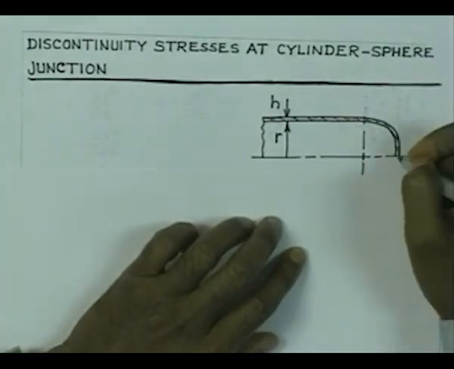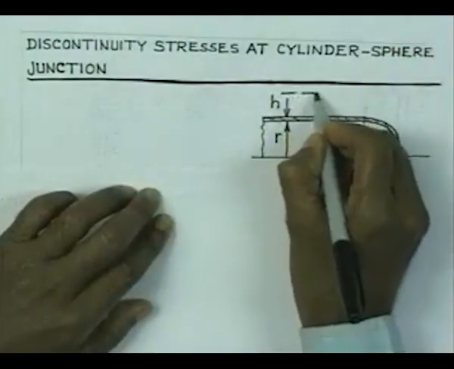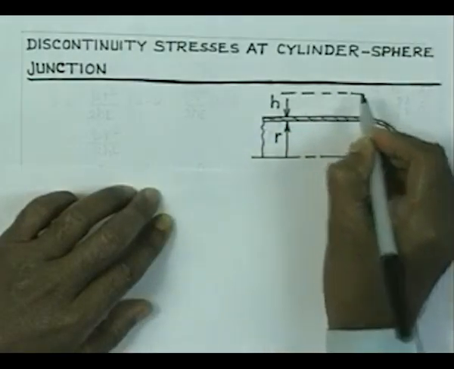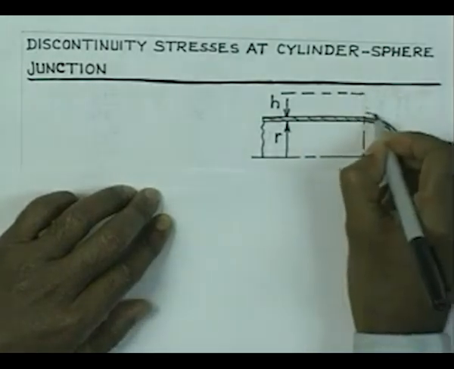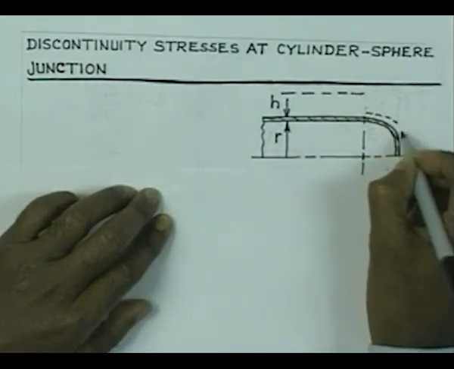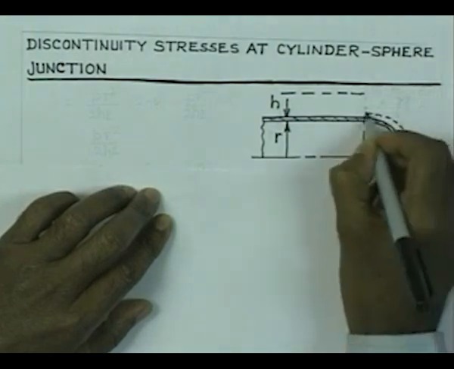On the other hand, in the case of sphere, it is going to be PR square by 2TE into (1 minus nu). See, it is almost twice. You see, the expansion of this cylindrical part is going to be under the action of only internal pressure. It is going to be, let us say, this much, and the head is going to expand much less. It is almost half. It is going to be actually this much only.